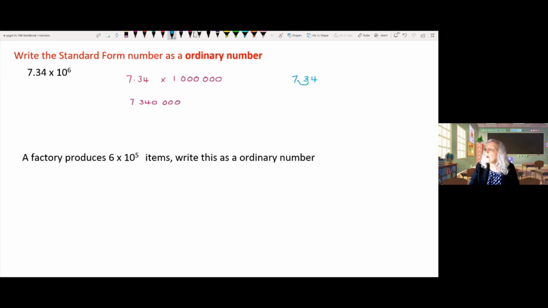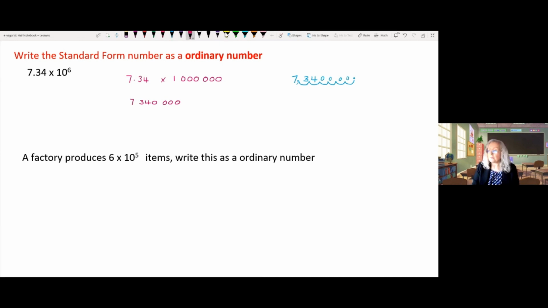So we'd go 1, 2, 3, 4, 5, 6. The decimal point should go here, and then we would just fill these in. So if we get rid of that decimal point, it would now become 7,340,000 as an ordinary number.